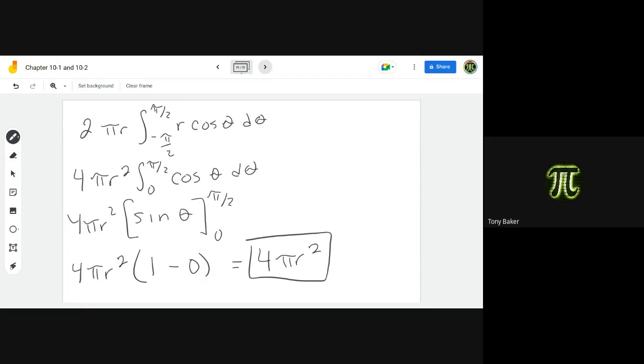So instead of going from negative pi over 2 to pi over 2, I used symmetry. And I said I can go from 0 to pi over 2. So I cut the interval in half and just doubled the answer because it's symmetric.